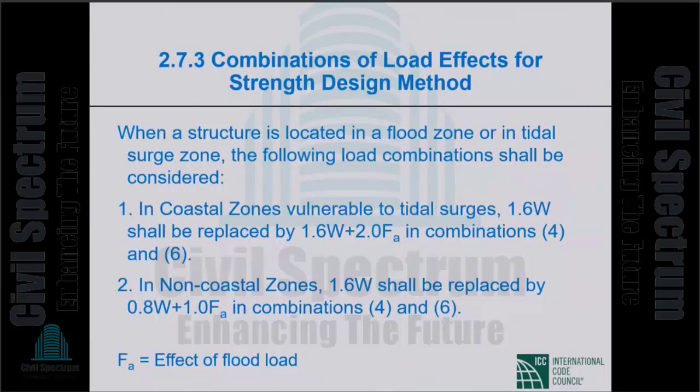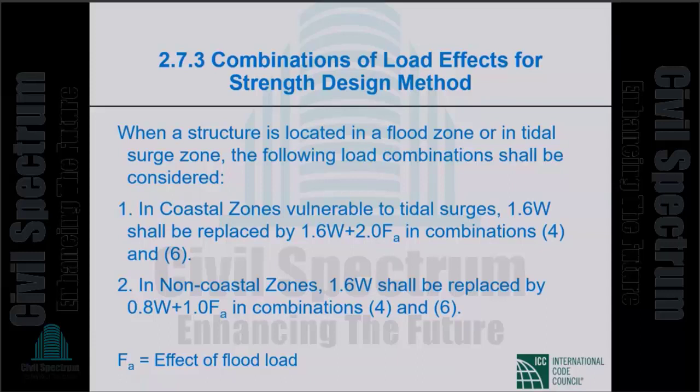Okay, this is BNBC, not ACI 318. When a structure is located in a flood zone or in tidal surge zone, the following load combination shall be considered. In coastal zones vulnerable to tidal surges, 1.6 W that you saw in that load combinations shall be replaced by 1.6 W plus 2.0 F sub A, where F sub A is the effect of flood load.